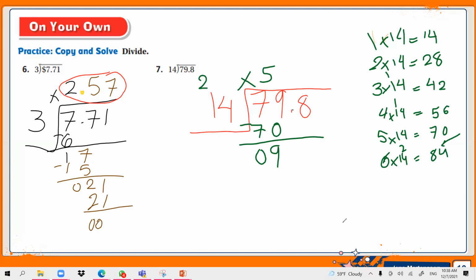Decimal point. Put it up here. Then next, what do you have to do? Haneen, what do you have to do next?